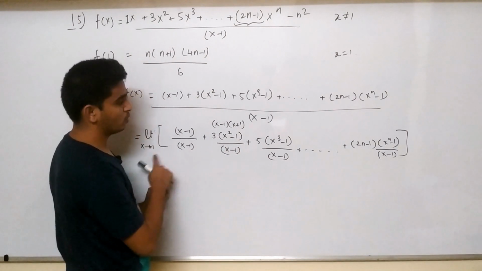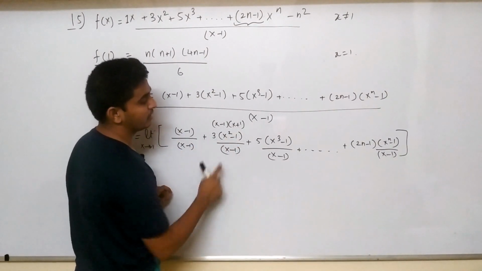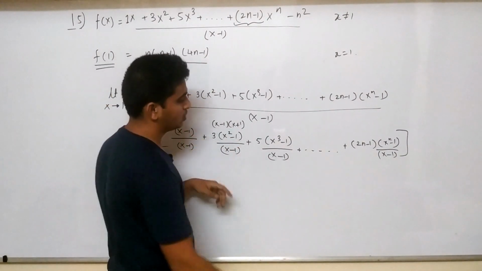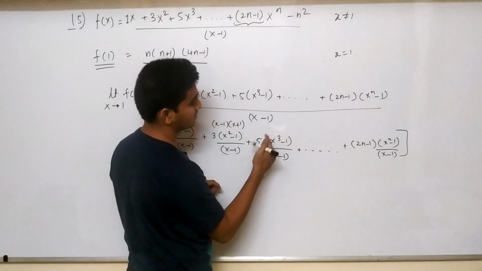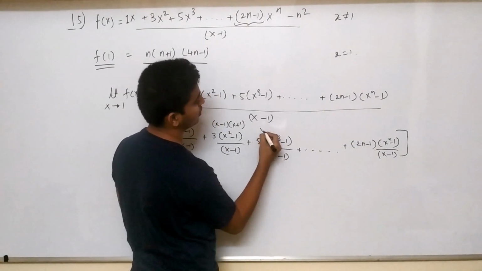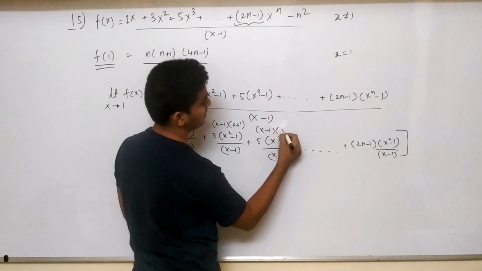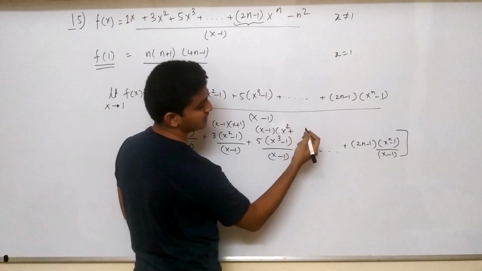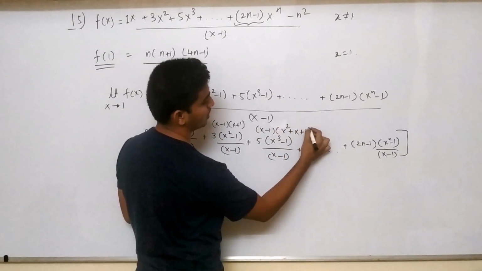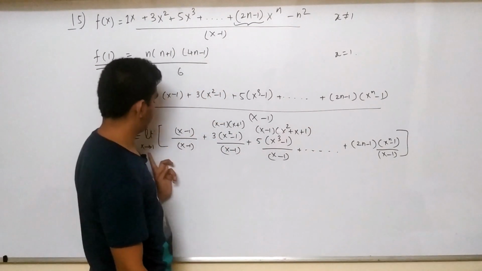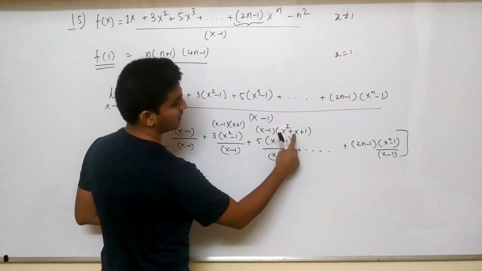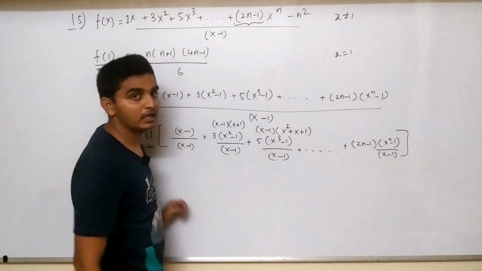So when you plug in the value 1, in the second term you'll get the value as 2. So in the third term, x cube minus 1 can also be written as x minus 1 times x square plus x plus 1. So when you plug in x equals 1, you get 1 plus 1 plus 1. So in the third term you are getting the value as 3.